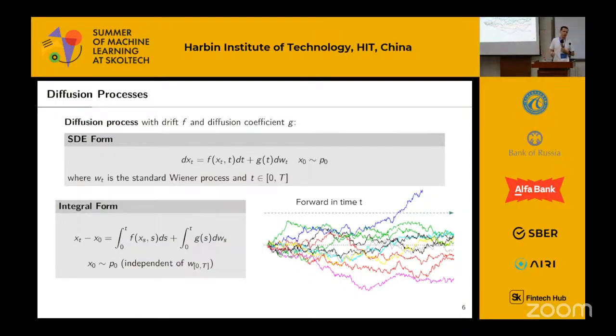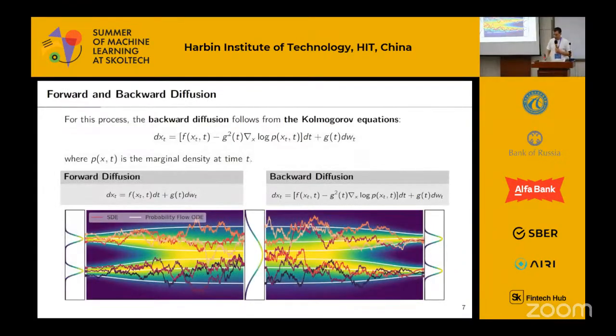I think you all know about it from standard courses on random processes or probability theory. One important thing which you should remember from the courses on random processes, in particular stochastic differential equations: if we have some diffusion process which is represented in this form, then for this diffusion one may write down a so-called backward diffusion, or diffusion in the reverse time.